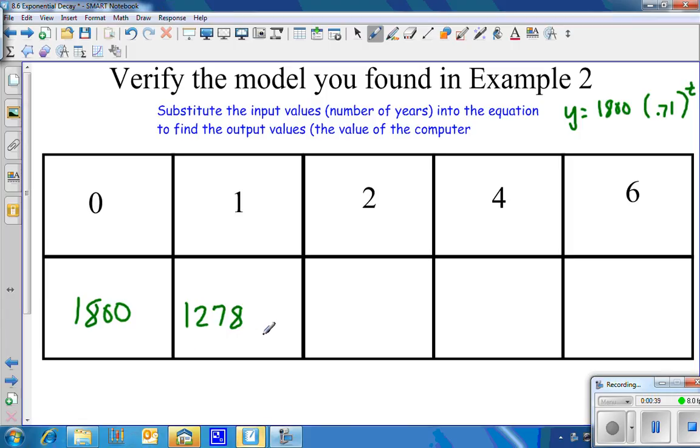Okay. Then the second year, it's only worth, we found this out a while ago, 907.30. And in the fourth year, it's worth, then we're going to have to round to 2 decimal places, 457.41.